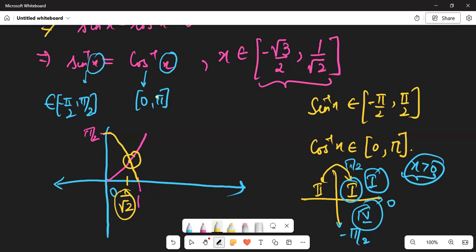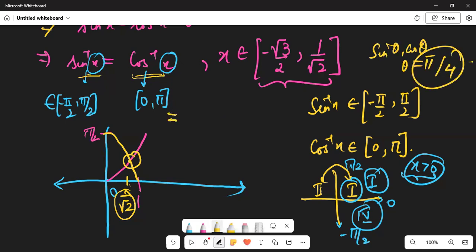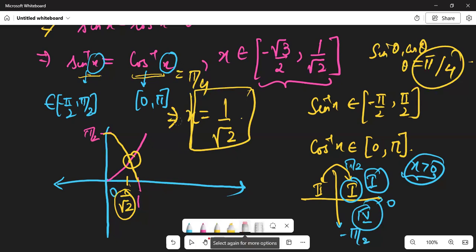So the point where sin⁻¹x and cos⁻¹x intersect is clearly this. In the first quadrant, these are equal. The functions sin theta and cos theta are equal for the angle pi by 4 or 45 degrees. That means this angle is pi by 4, and sin⁻¹x and cos⁻¹x take the angle pi by 4 for the point 1 by root 2. So this is how we are able to calculate the point.